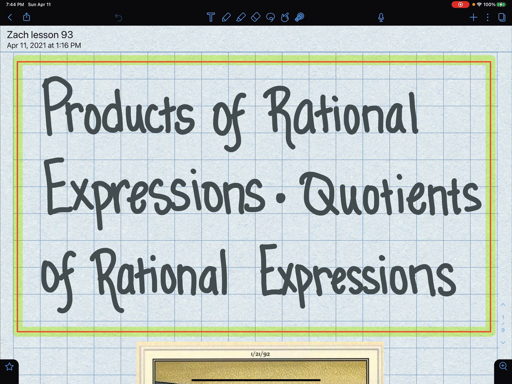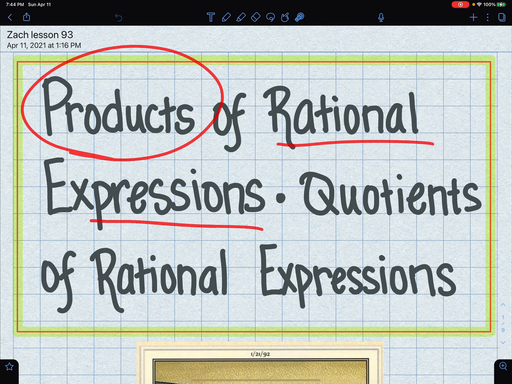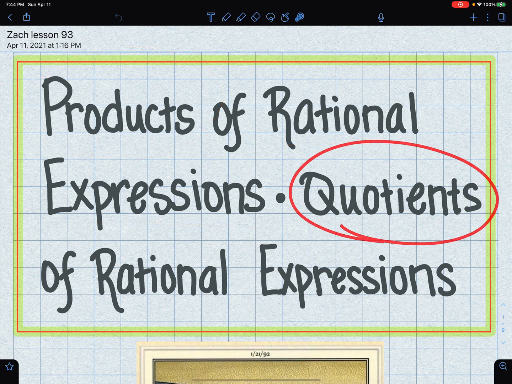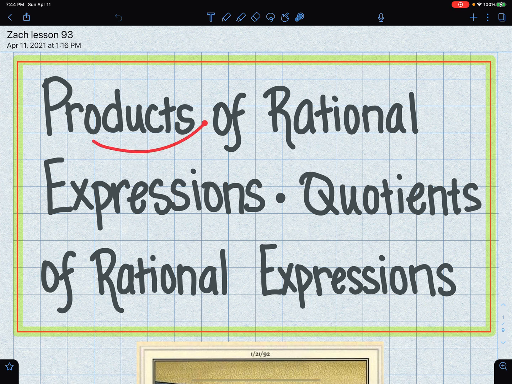If you're following along in your book, we're going to go over something that you probably already know, or you can figure it out if you think about it, and that is the products of rational expressions and then the quotients of rational expressions. Products are the answers that you get when you multiply. A rational expression is just like a fraction. Remember, it has the word ratio in it.